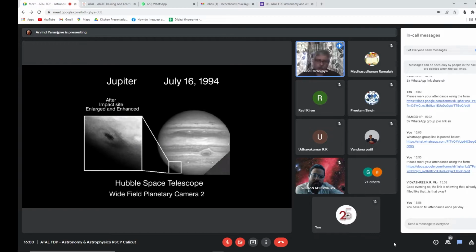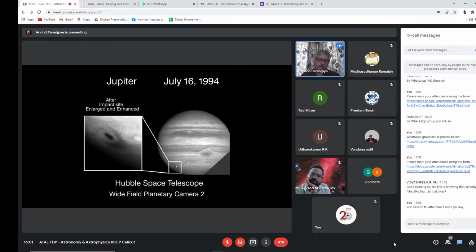But the point I was trying to tell you was that when these pieces collided with Jupiter, at one point people thought that possibly the great red spot, which we talked about some time ago, might have been made by comet particles impacting on Jupiter.